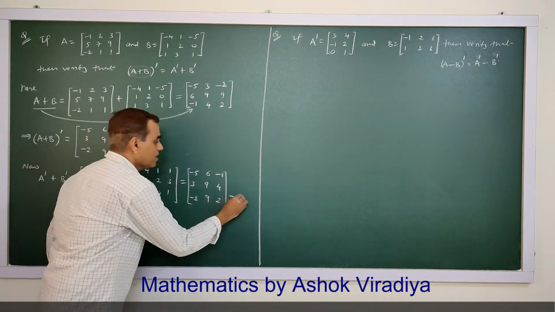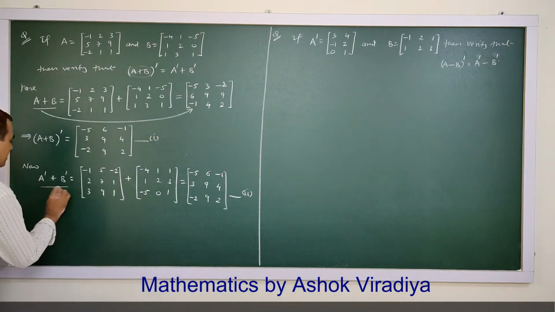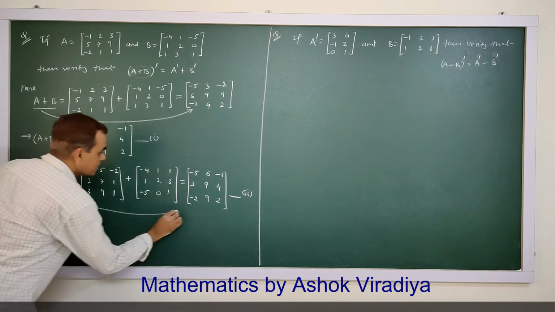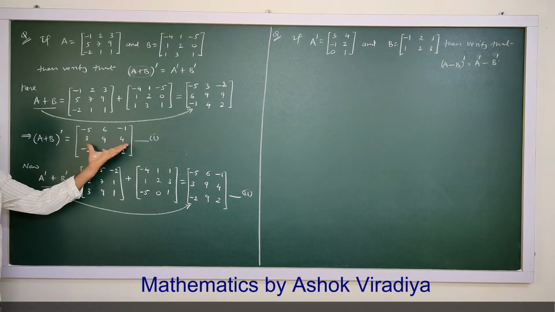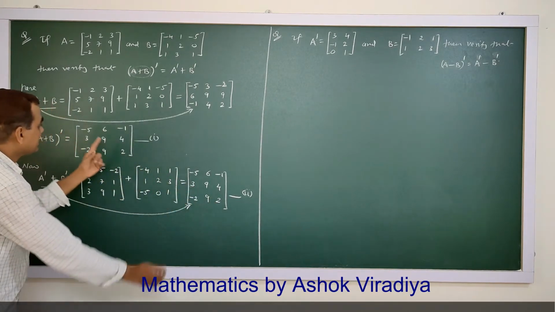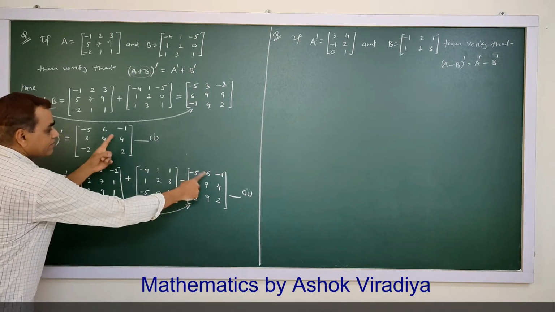So this is the value of the right hand side. So this is A transpose plus B transpose. Now see, result 1 and result 2. You can see that these two matrices are the same.